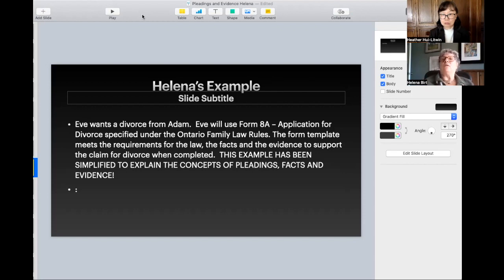The Family Law Rules in Ontario say if you need a divorce, this is the form you use to ask for the divorce. The form is set up so people don't have to think for themselves. What is the law that I have to plead to say I'm entitled to get a divorce? And what are the material facts that I need to prove in order for the court to grant me the divorce? All of that is set up on the template of the application for divorce.